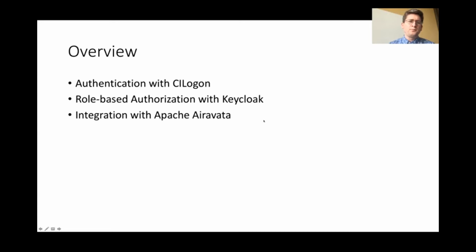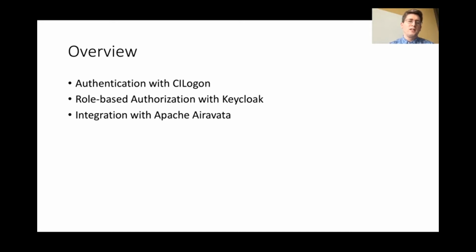So as an overview, what I want to talk about is how to integrate CILogon for doing authentication in a science gateway. CILogon lets users sign in with credentials that they already have at their institution. Then I'm also going to talk about why the Apache Airavata project uses an open source product called Keycloak, and what we use that for.